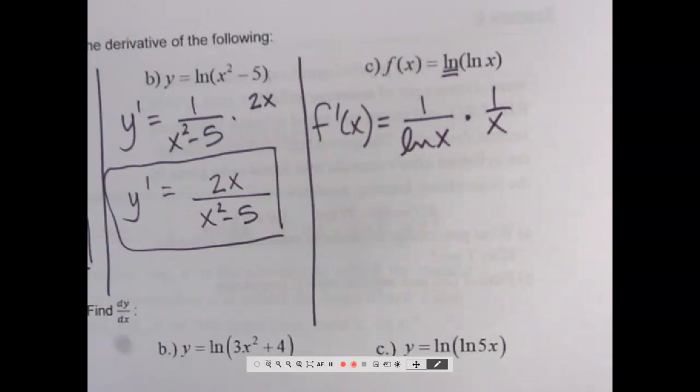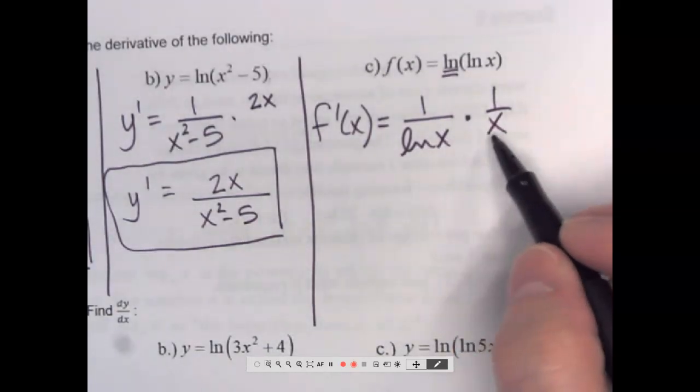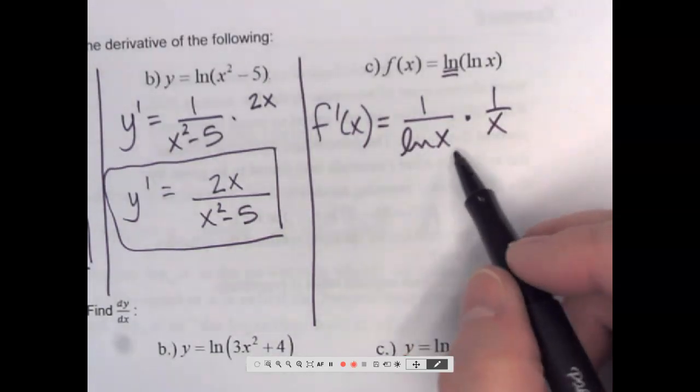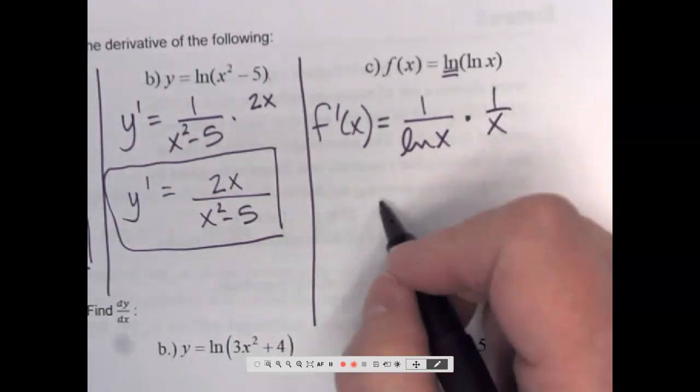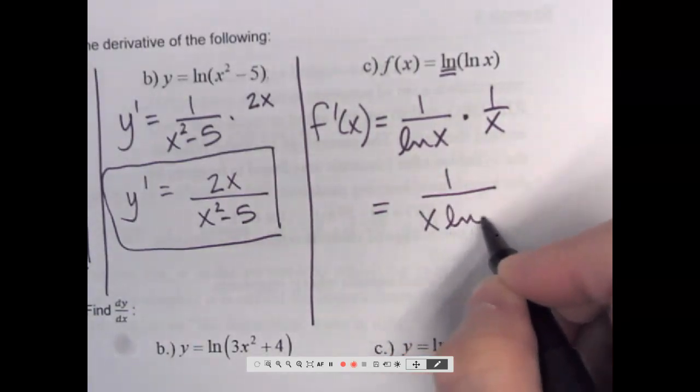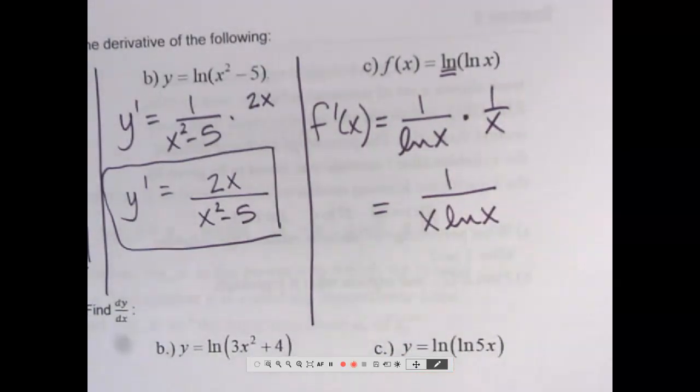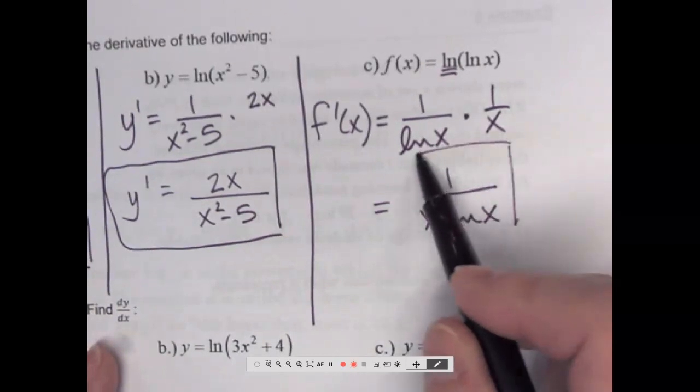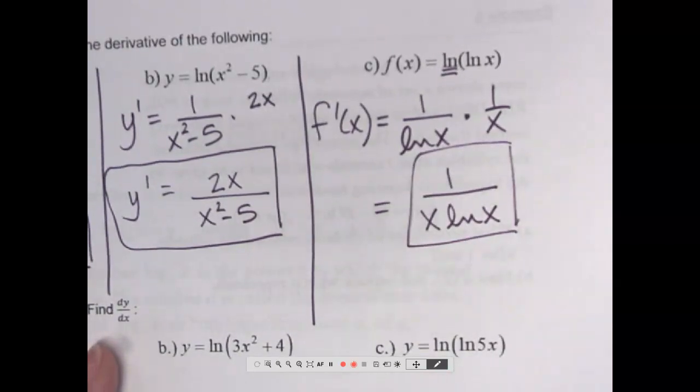Wow. So it's a little confusing. And then I don't make this x squared. This is natural log of x, not just x. So like I did before, I'm going to write this as x natural log x, so that I don't make the mistake of trying to multiply those x's and make them x squared.